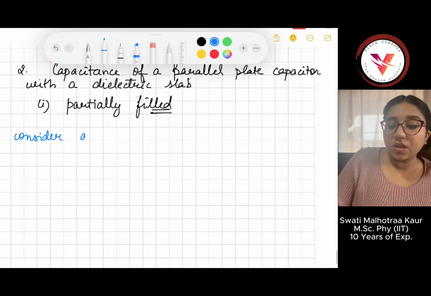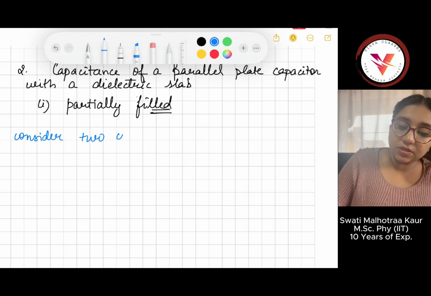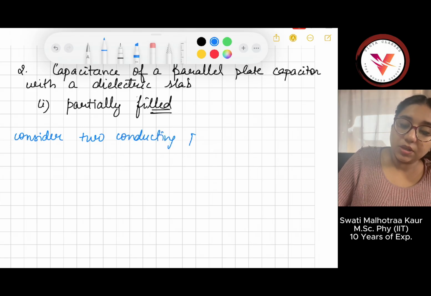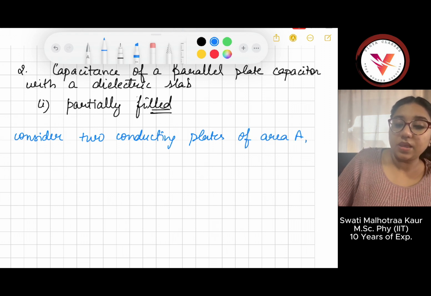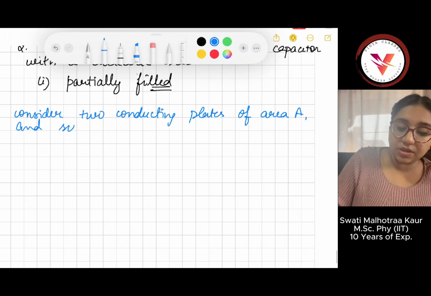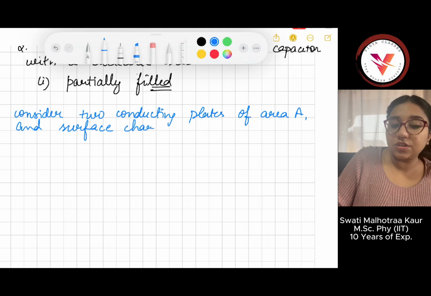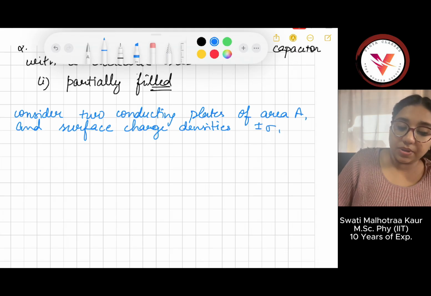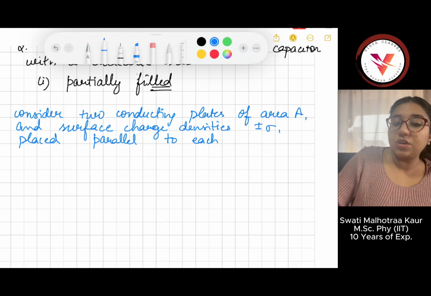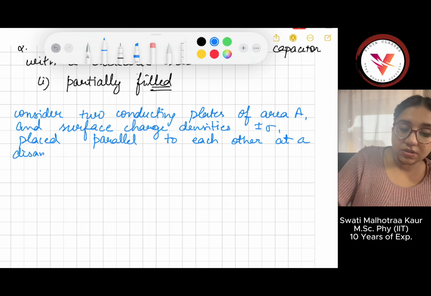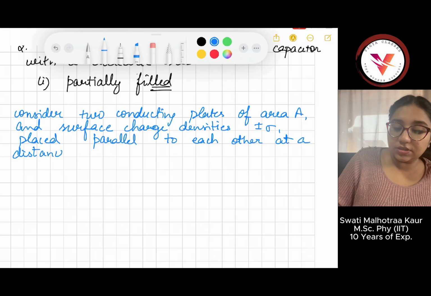Consider two conducting plates of area A and surface charge densities plus minus sigma, placed parallel to each other at a distance d.